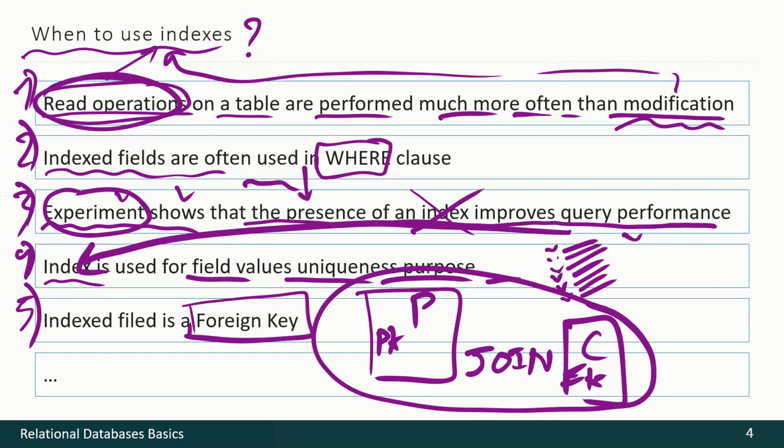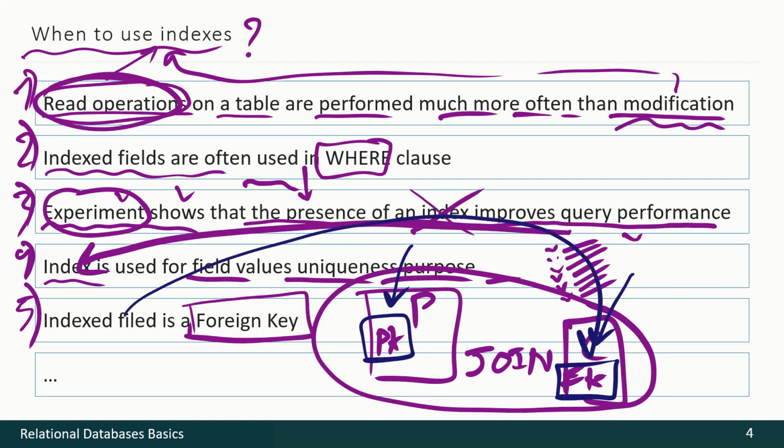And of course, the DBMS should check if a primary key value is equal to some foreign key value. So it should search through the primary key, which is always already indexed, and it should search through the foreign key, and making an index on the foreign key may increase join operation speed drastically.